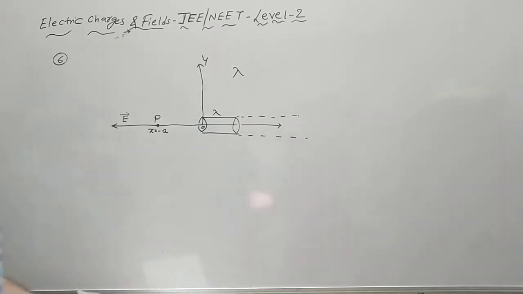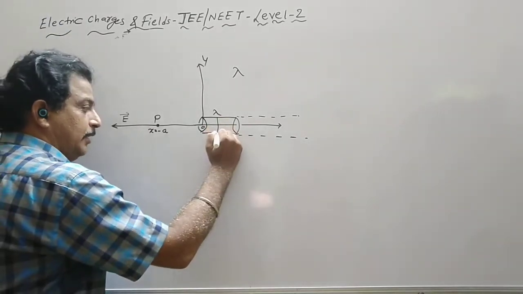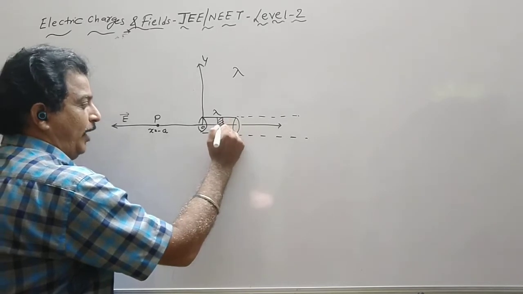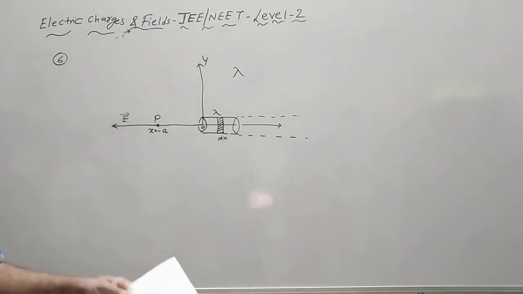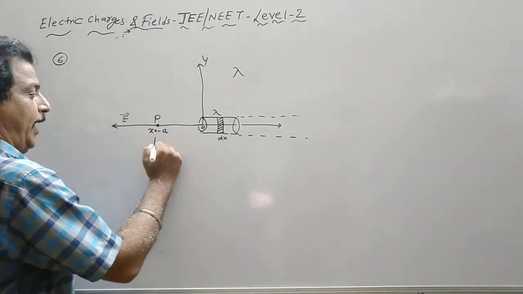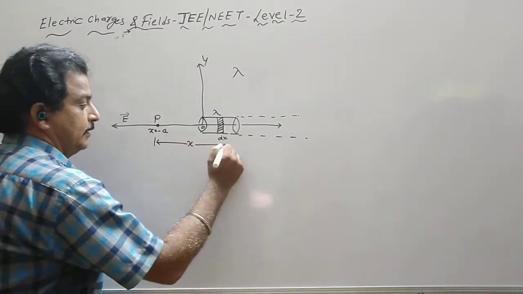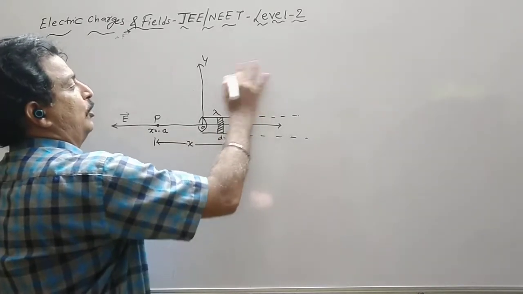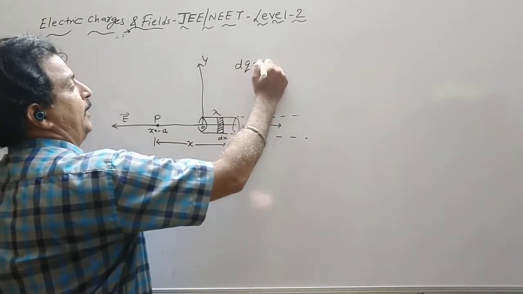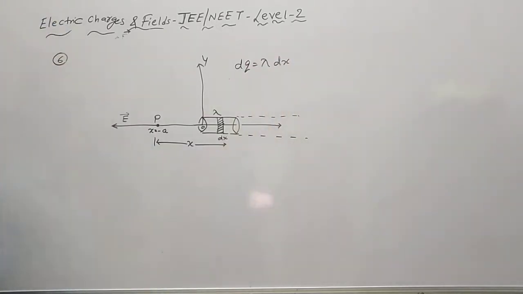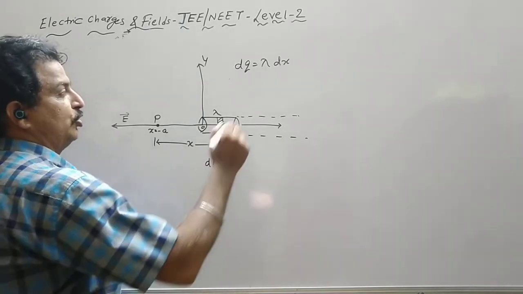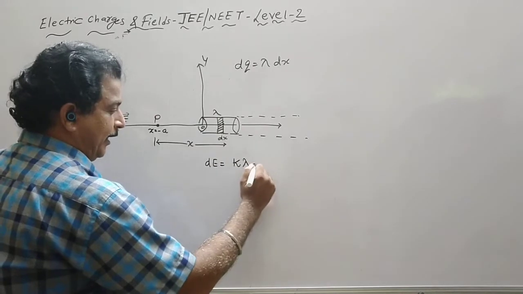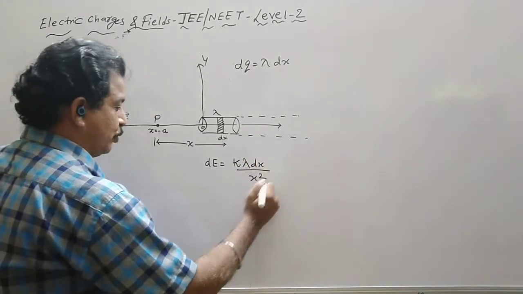Now same rule is applicable. First I divide this wire into a small line element. Let the length of this be dx and the distance is x. So as previously we have written, dq is equal to lambda dx. Now the electric field intensity at point P can be written as K source, that is dq, I am directly writing lambda dx upon x square.